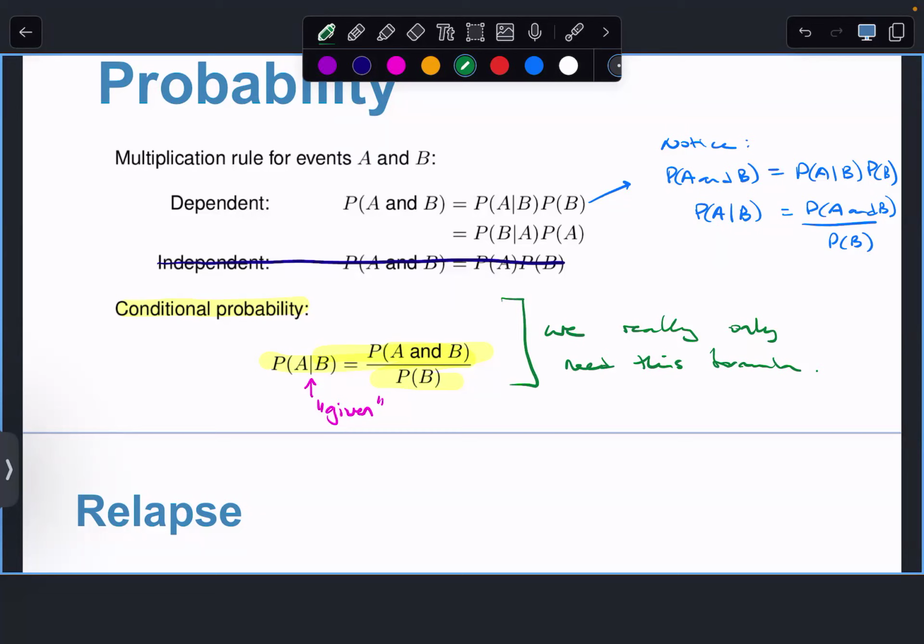But then there's the other extreme, where people want all the derivations on their formula sheet. I can derive them myself, so I don't like having them because I find it gets really bogged down. But I put them all on there to be nice to the people who want all the derivations. If you're like me, you can just ignore this part and manipulate this formula anytime you have a conditional probability. This is what we call a conditional probability: the probability of A, conditional on B happening.